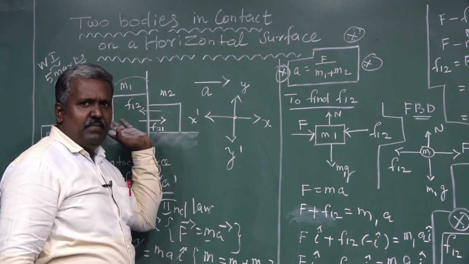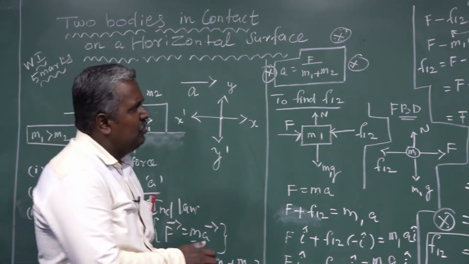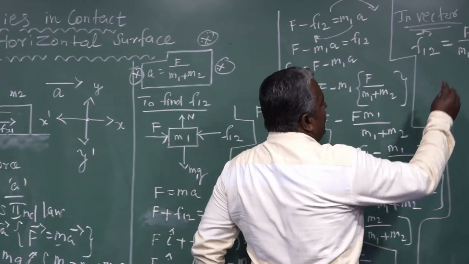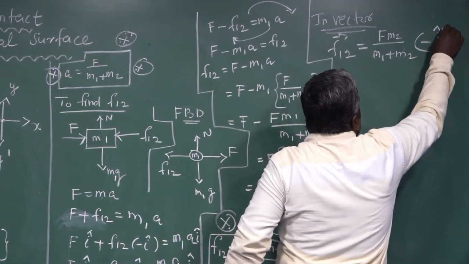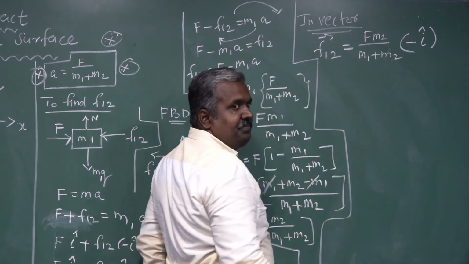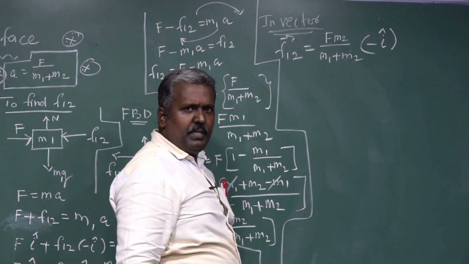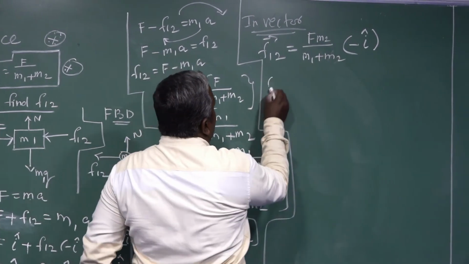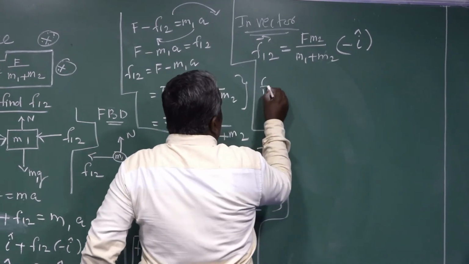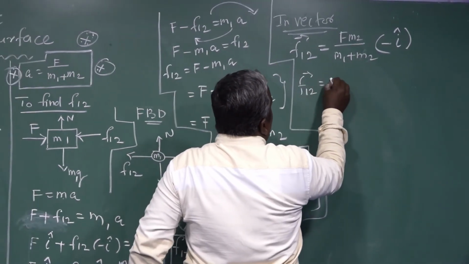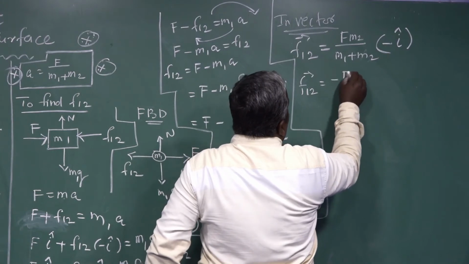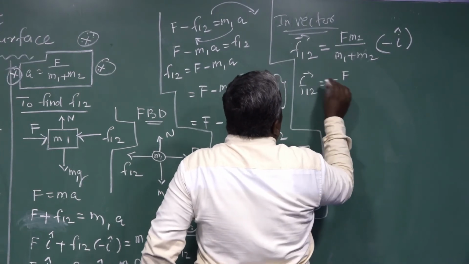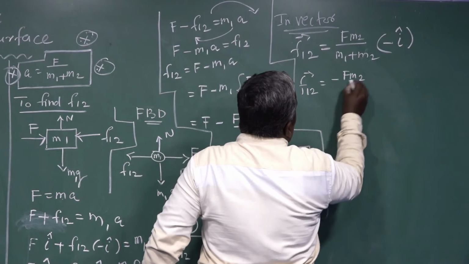So minus i cap. Clear? Therefore small f12 vector is equal to minus F M2 by M1 plus M2 i cap.